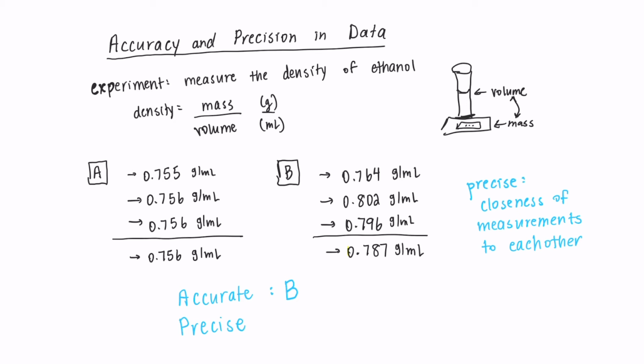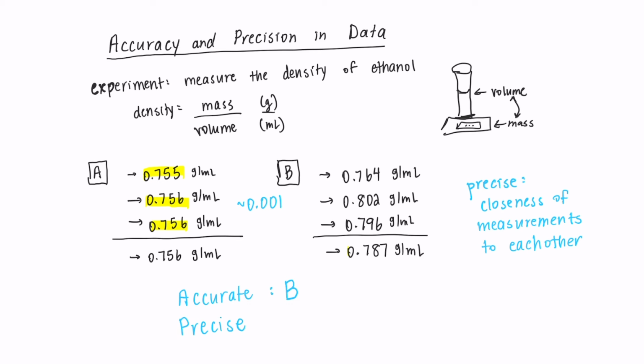Let's look at dataset A, where we have 0.755, 0.756, and 0.756. Now, the furthest distance between data points is only 0.001. So these data points are very close to each other, and we could classify this set as precise.